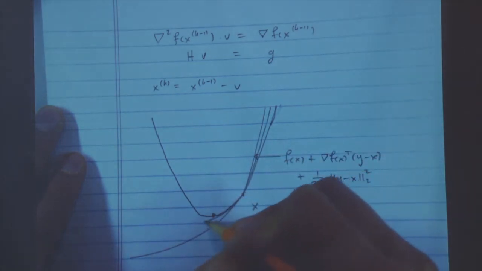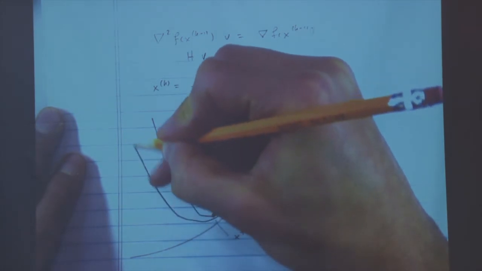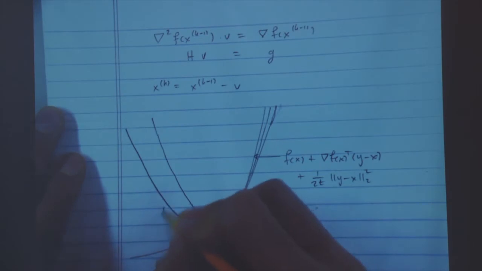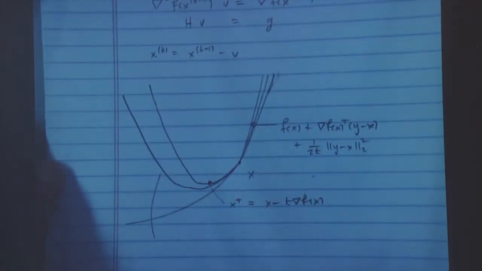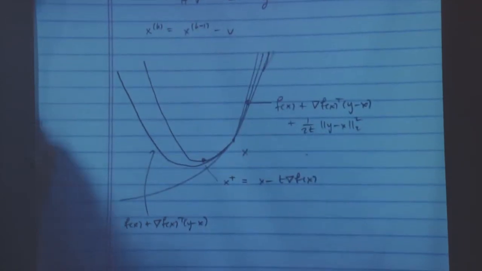And it doesn't always have to be providing us with a longer step, but I'll just draw it that way. This quadratic approximation is given by the same constant and linear terms, but the quadratic term uses the actual Hessian.